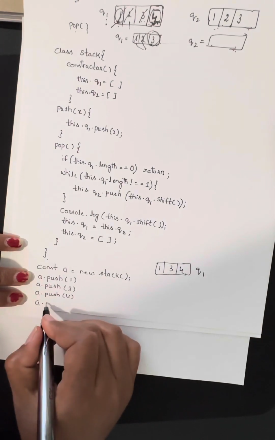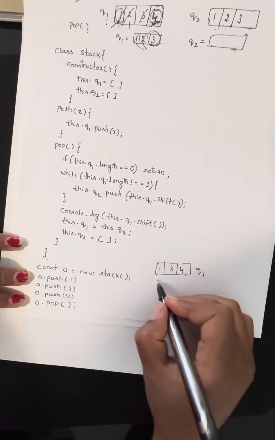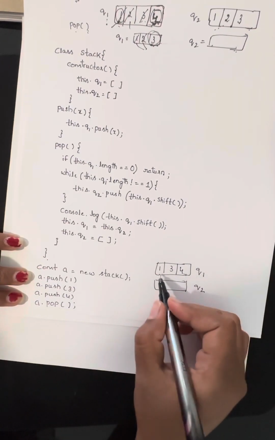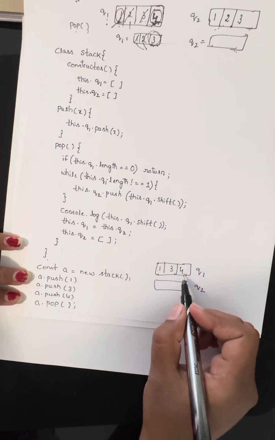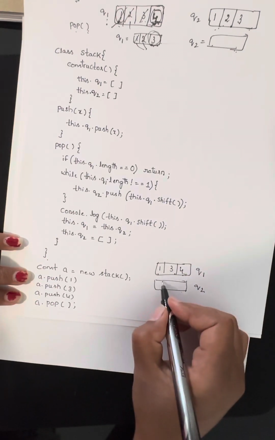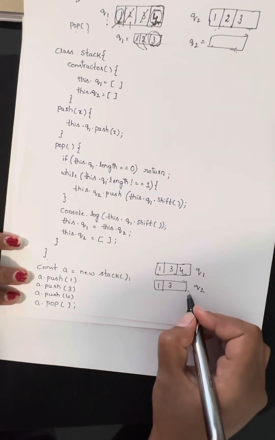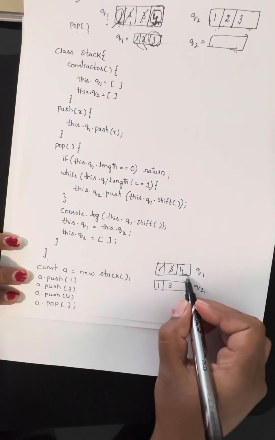Now if we do a.pop, what happens is we shift all the elements from Q1 except the last one to Q2. So we'll have 1 and 3 in Q2, and Q1 will be left with only one element, that is 4.